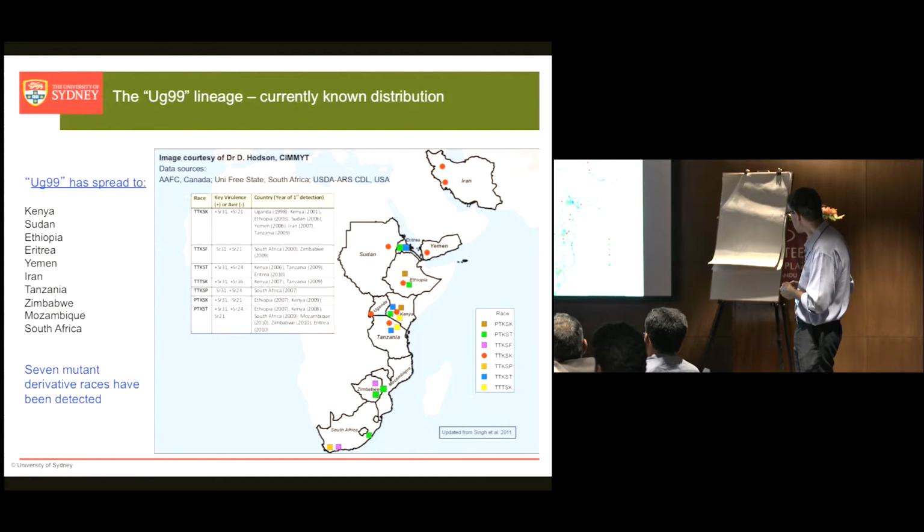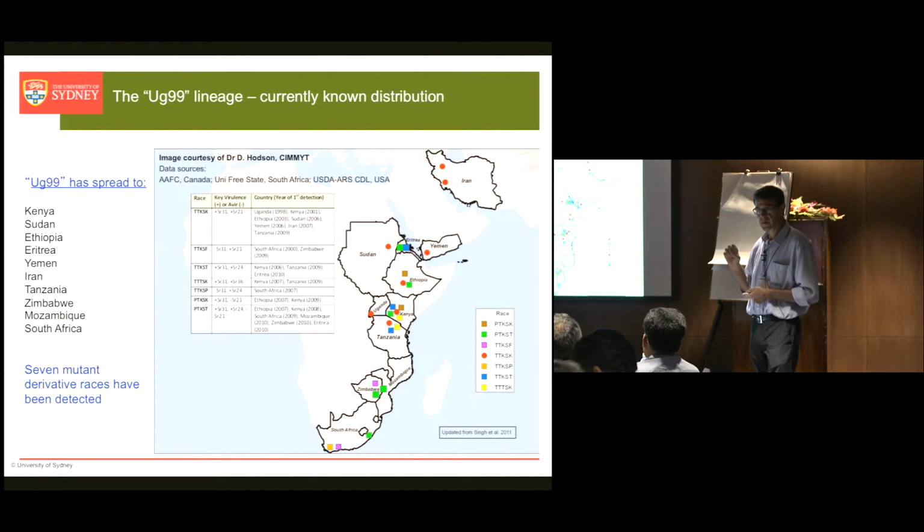You can see that at the time this diagram was put together, it had been recorded in Uganda, Tanzania, Kenya, Ethiopia, Sudan, Yemen, and up in Iran. That's the original TTKSK pathotype. All right? So, Dave, I'm sure you're going to give us an update on that, and Zach, again, will run us through the North American system.